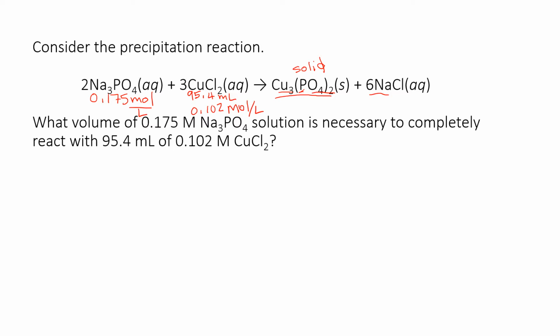Okay, so what we need to do then, if we have 95.4 mils of this copper 2 chloride, remember molarity is equal to the number of moles, in this case of copper 2 chloride, divided by the number of liters of copper 2 chloride solution, right?